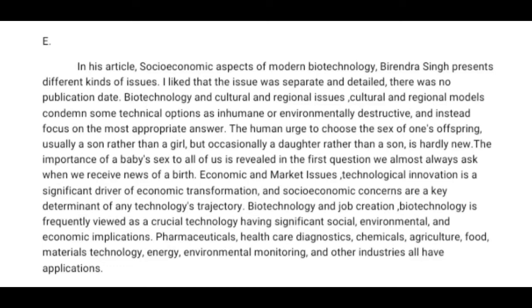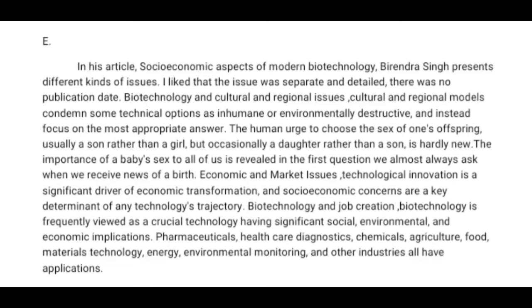Biotechnology and cultural and regional issues. Cultural and regional models condemn some technical options as inhuman or environmentally destructive and instead focus on the most appropriate answer.